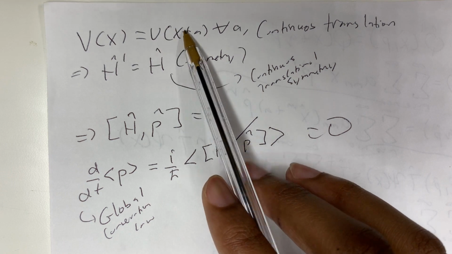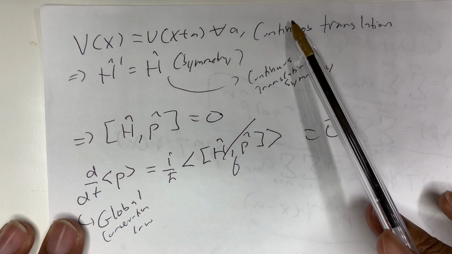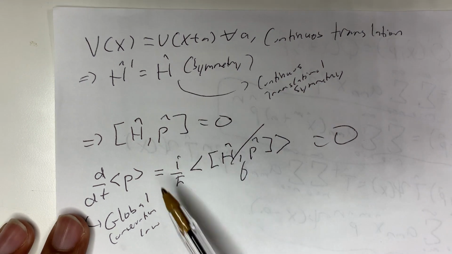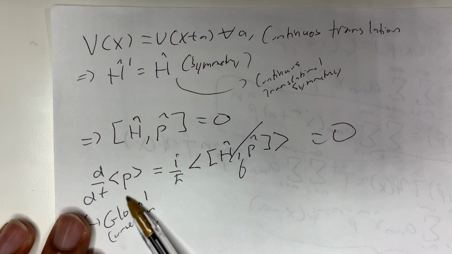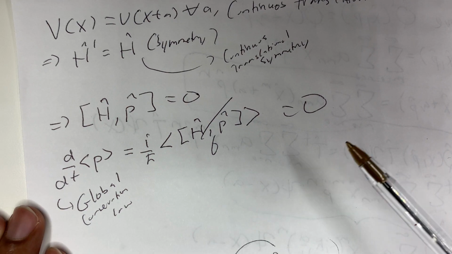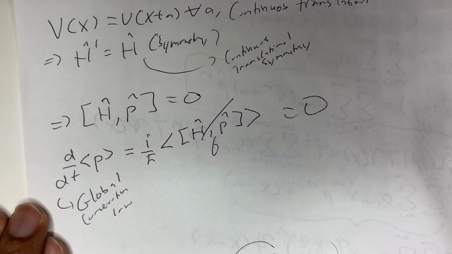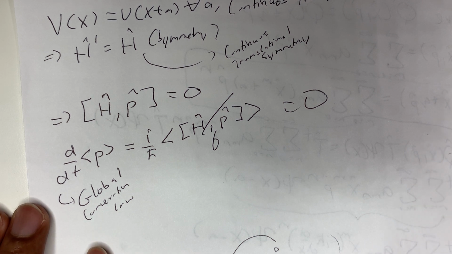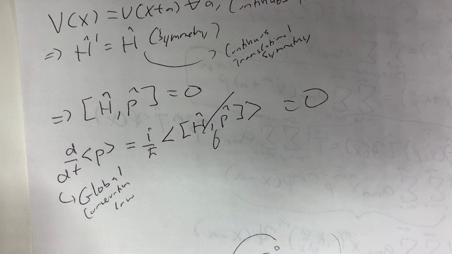If the potential has a discrete symmetry, that implies that the Hamiltonian has a discrete symmetry, which implies that this is only a local conservation law for some x. So I hope you understand the statement that a continuous space translational symmetry implies a global momentum conservation law. If you need any more clarification of that, please tell me in the comments.